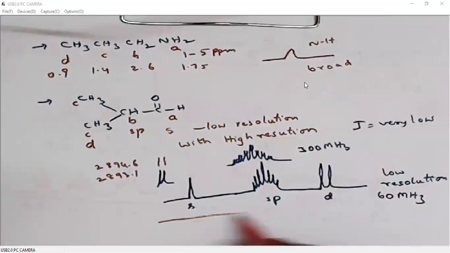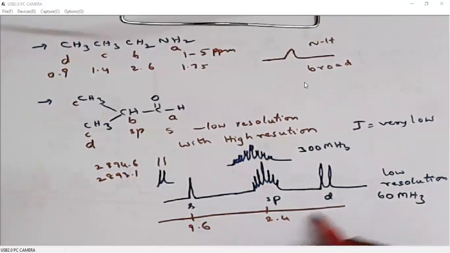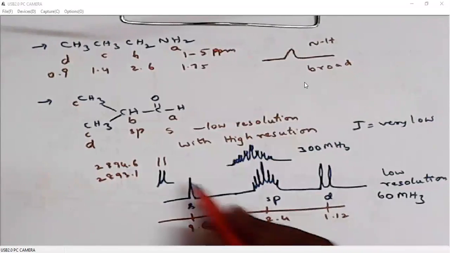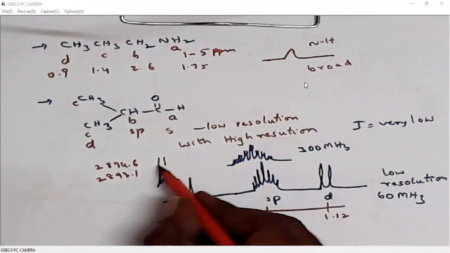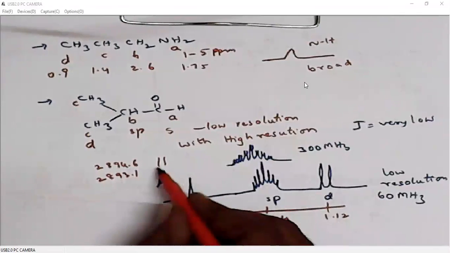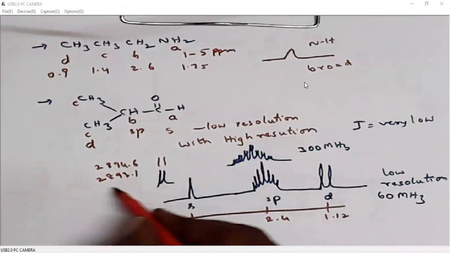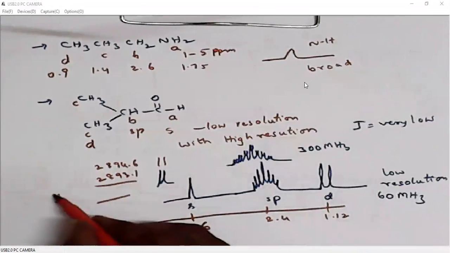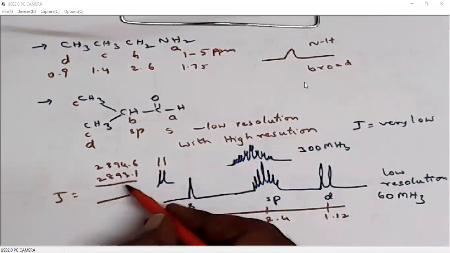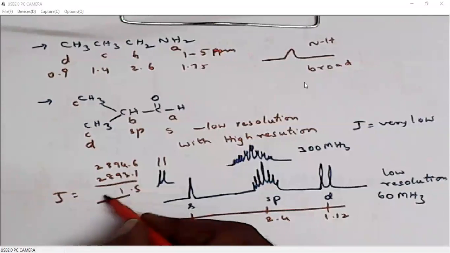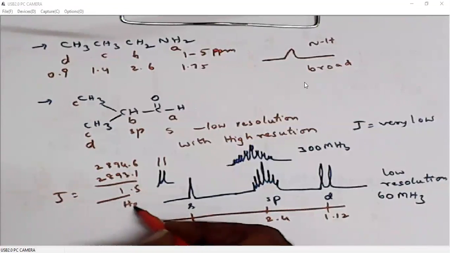So on the scale, we predict the delta value. On the top, we can predict the frequencies. So when we write the frequencies, it is easy for us to calculate the coupling constant. So just take the difference, right? So the J value is 1.5 hertz.